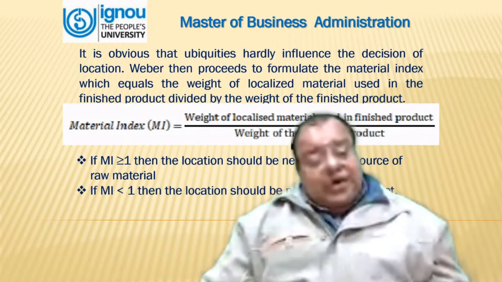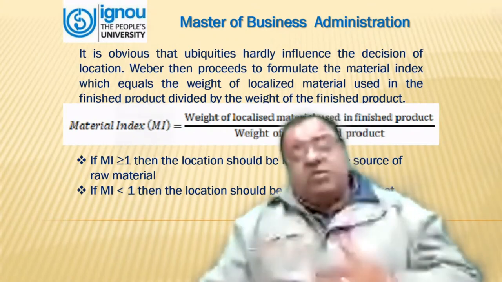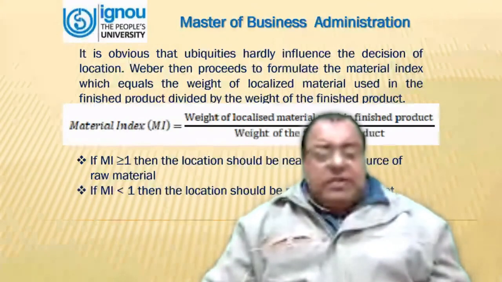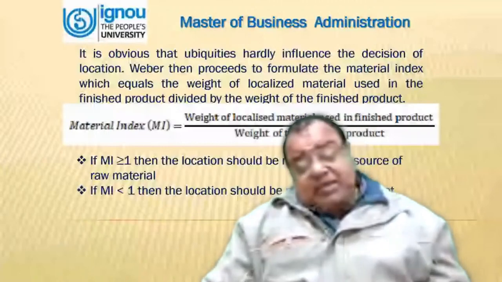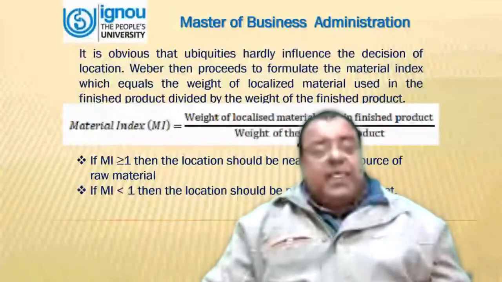We can see that MI is the ratio of the weight of the localized material used in the finished product to the weight of the finished product. If MI, that is material index, is greater than 1, then the location should be nearer to the source of raw material. And if MI is less than 1, then the location should be nearer to the market.